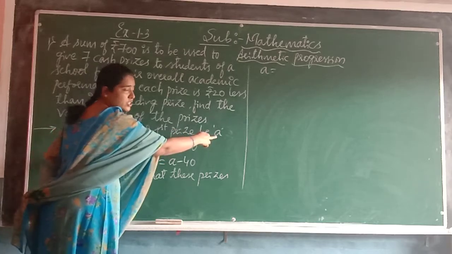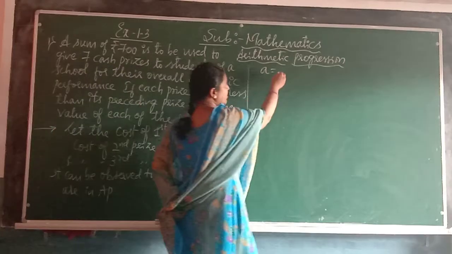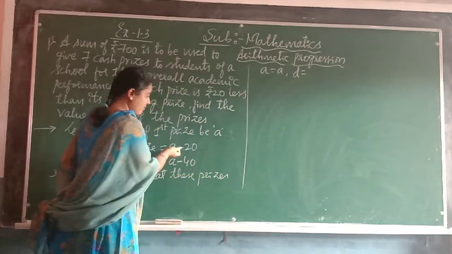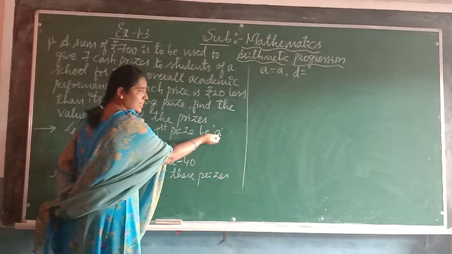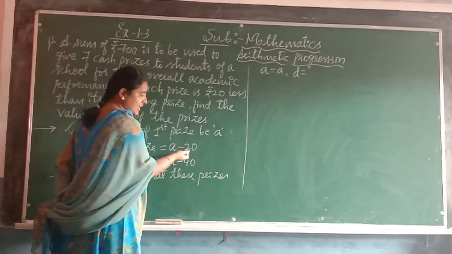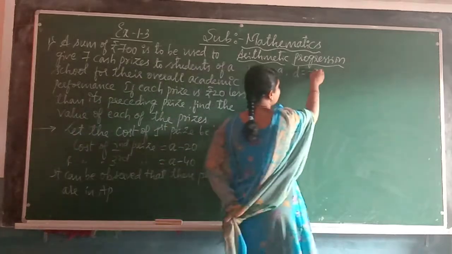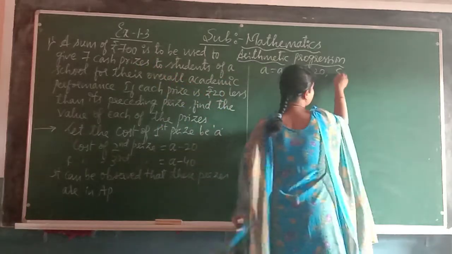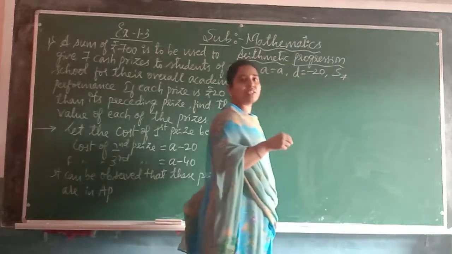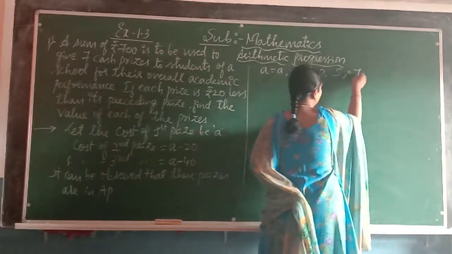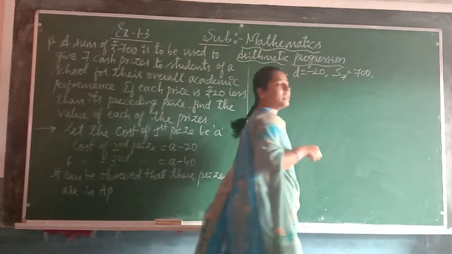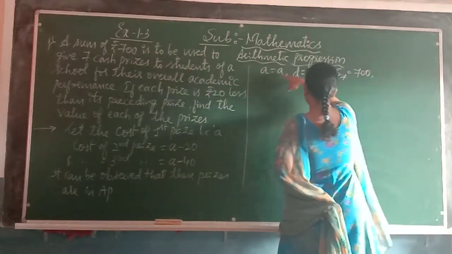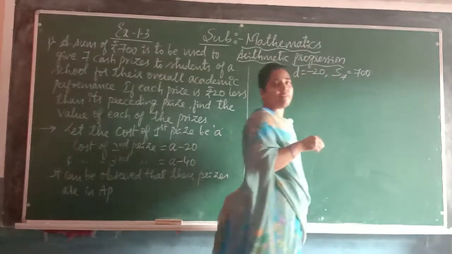The cost of the first prize we took is A, so the first term is also equal to A. And the common difference d will be the difference, A minus 20 minus A, where A minus A gets cancelled. We will get minus 20. And 700 rupees they gave, that is nothing but the sum of 7 prizes will be equal to 700 rupees. Now we have to find the cost of the first prize.